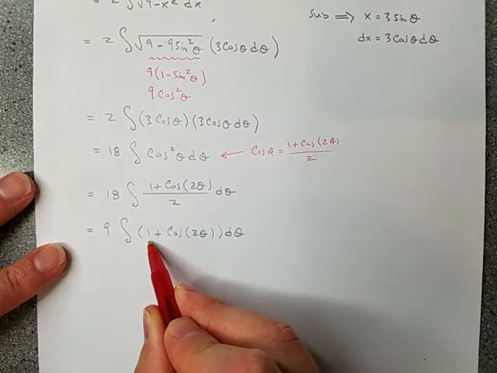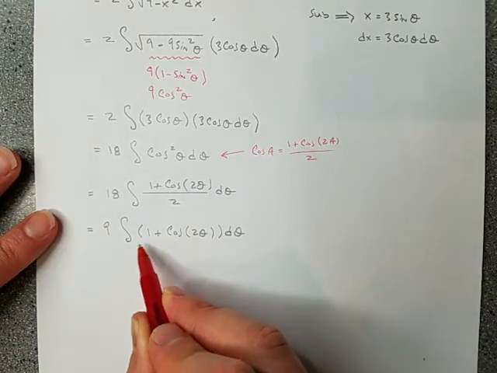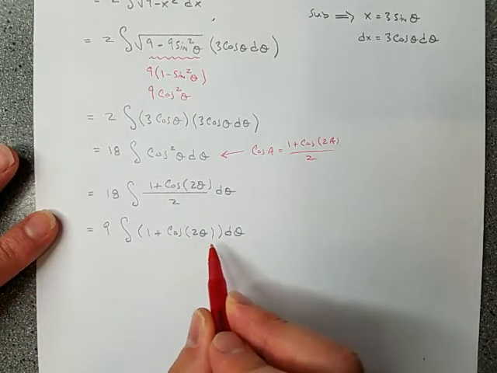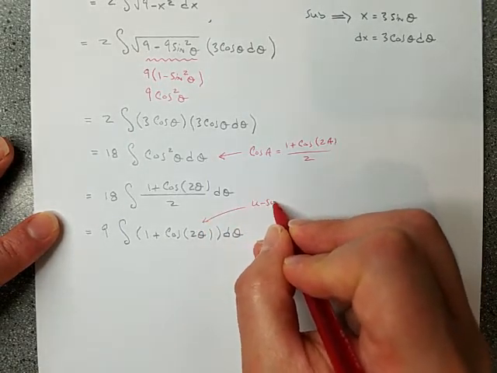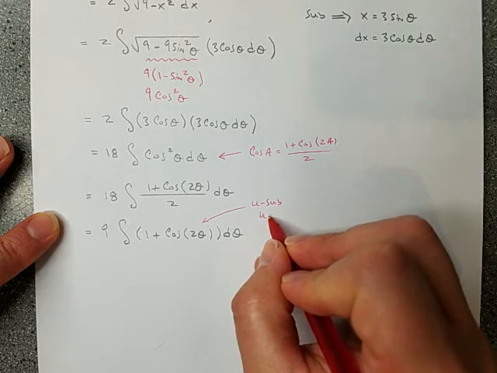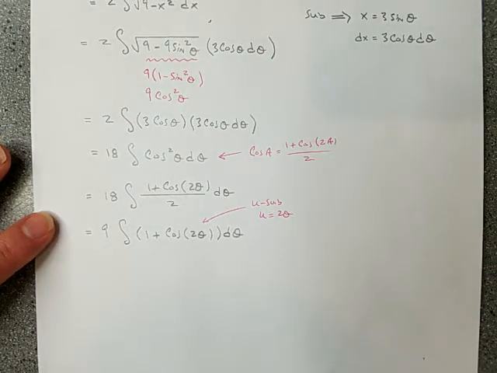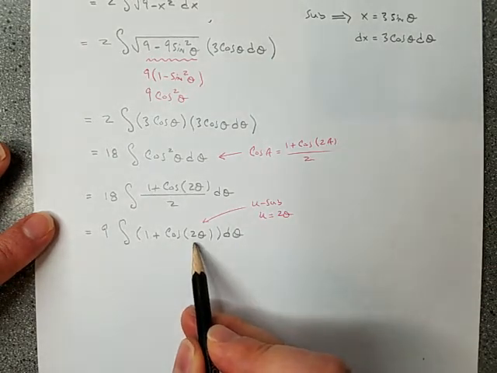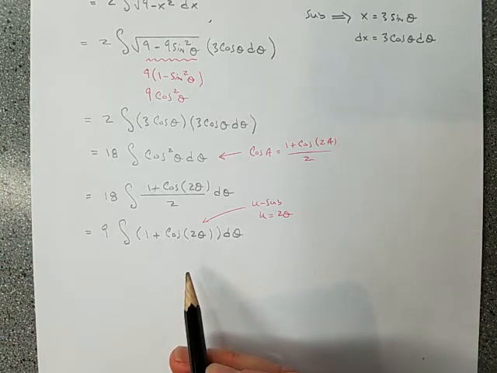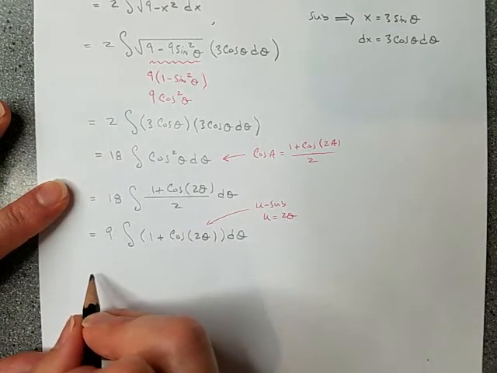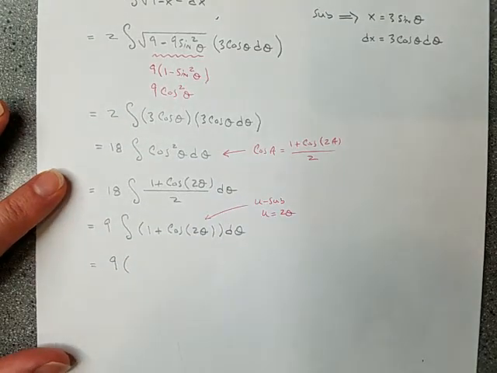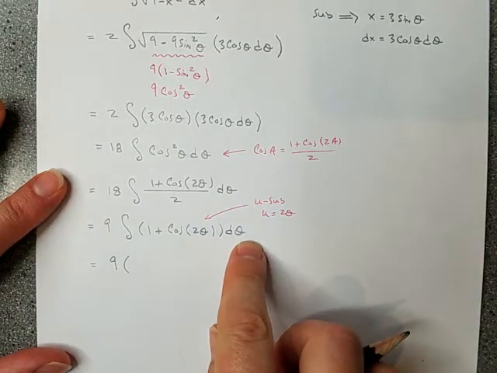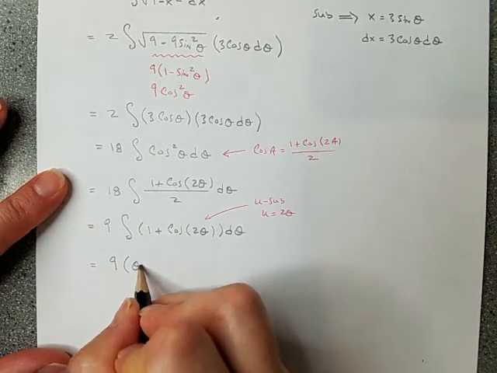1, a constant, is not hard to integrate. Cosine 2 theta, well, the way we do that is use substitution and let u be 2 theta. It will be cosine u du. That part of it will be. All right? So here's what we'll get then. 9 times, what's the antiderivative of 1 d theta? 1 with respect to theta, that'll be theta.